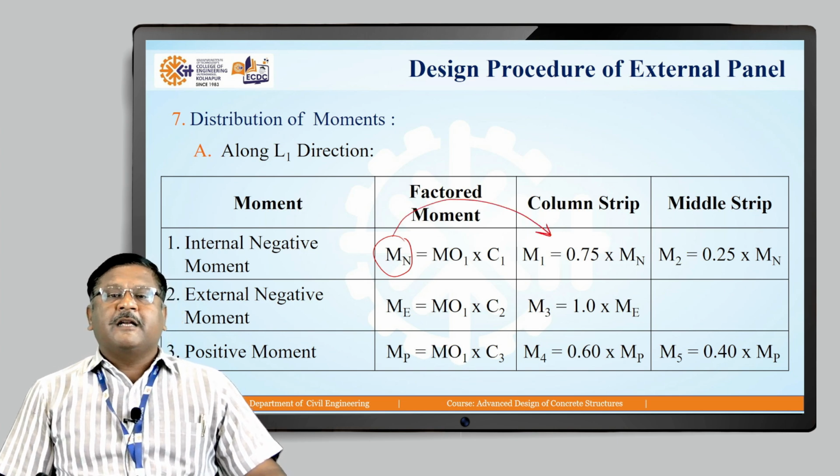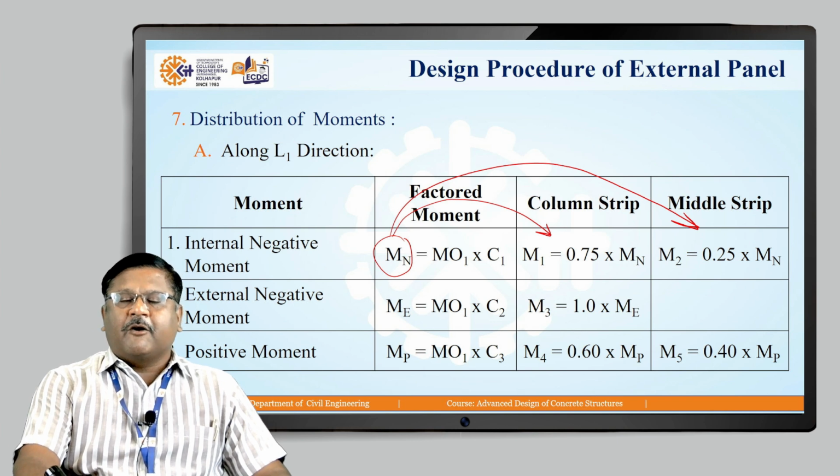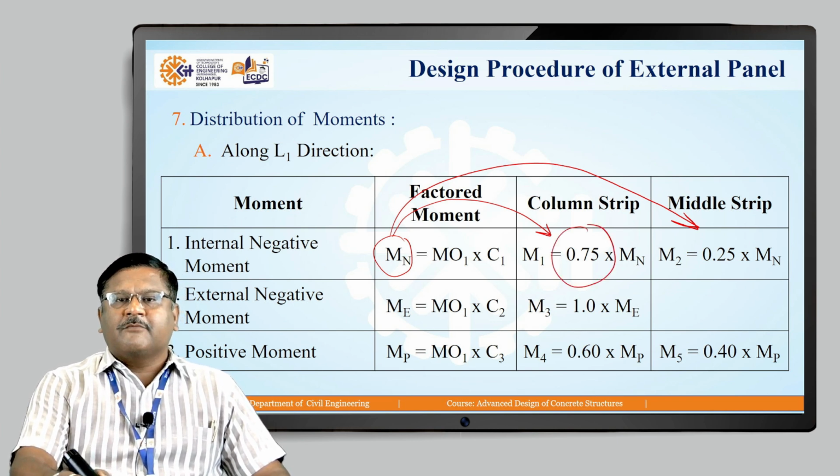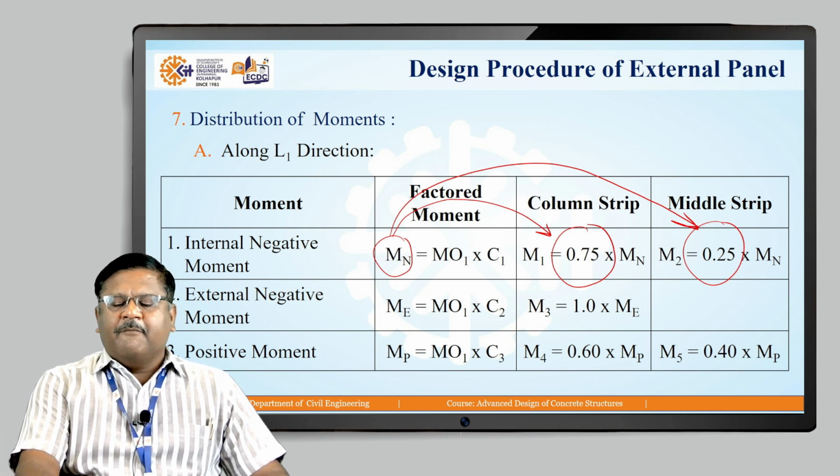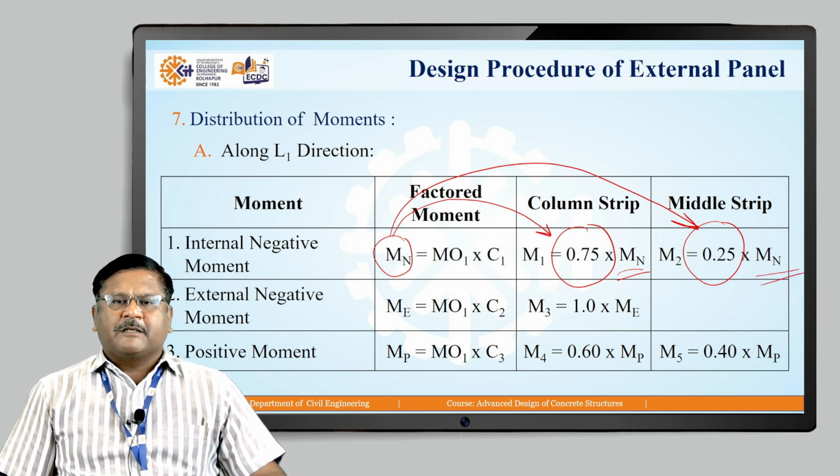Now, as we earlier discussed, out of the total negative moment, 75% moment is carried by the column strip, whereas 25% is carried by the middle strip. So, distribute that into column strip and middle strip. Simple. Negative moment multiplied by 75% and negative moment multiplied by 25%. From that you can distribute the negative moment into the column strip and the middle strip.